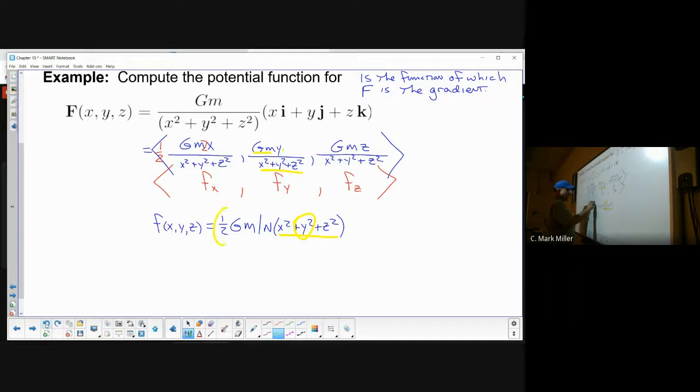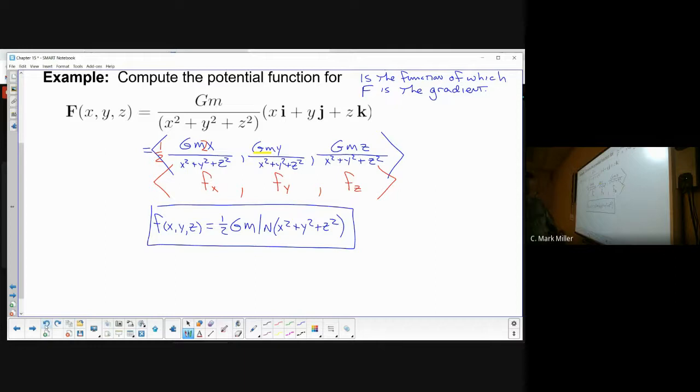And then I have a 1/2 out there to make it a 1y in the top. So this is my potential function.